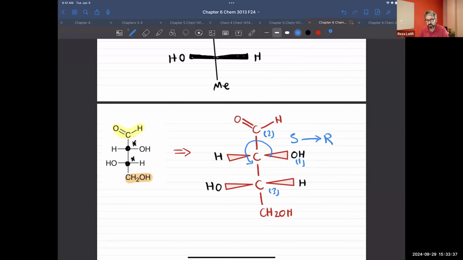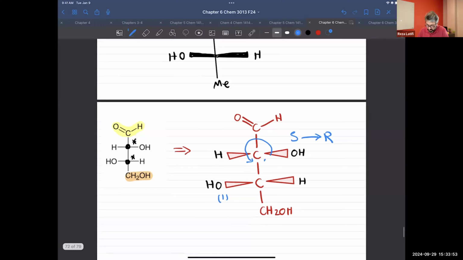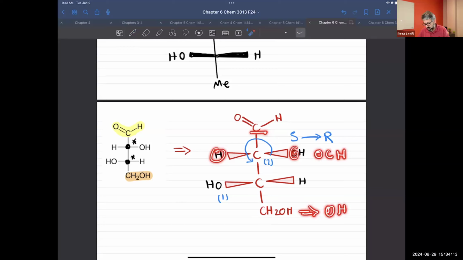Okay, let's practice this for the next carbon. We're going to say this one is going to be the first priority, and next we're going to have that carbon. Why that carbon? Why not the bottom one? That carbon is attached to oxygen, hydrogen, and carbon, so oxygen, carbon, hydrogen, you can say O, C, H. Well, the bottom carbon is attached to oxygen, hydrogen, and hydrogen.